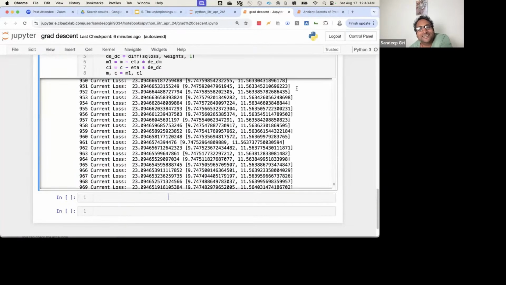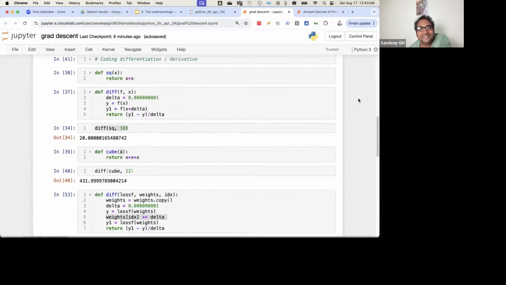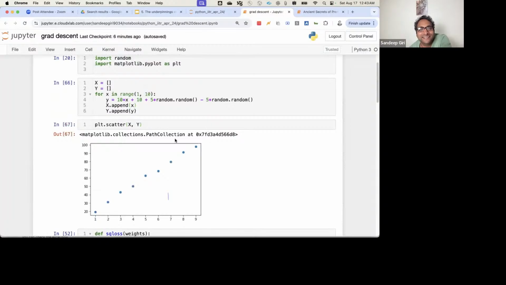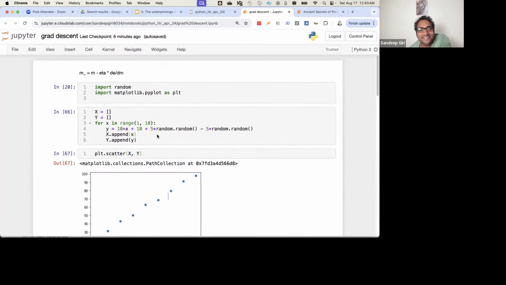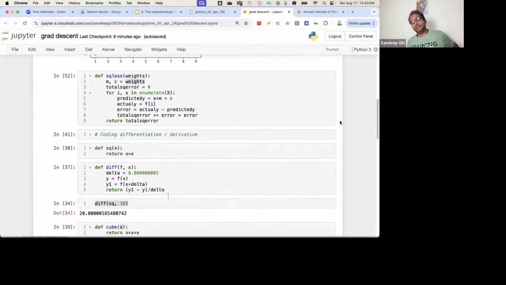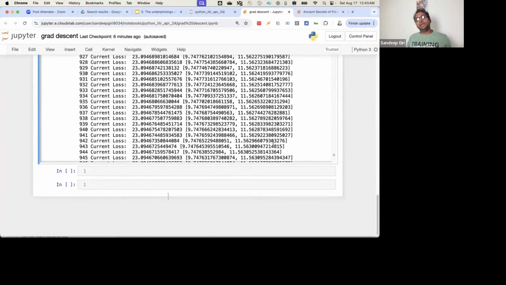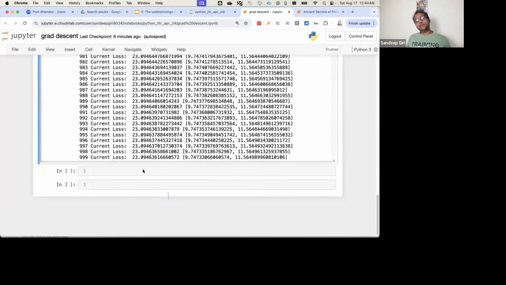Actually, we started with our data, 10x plus 10. Because of the randomness, it has been a little different.